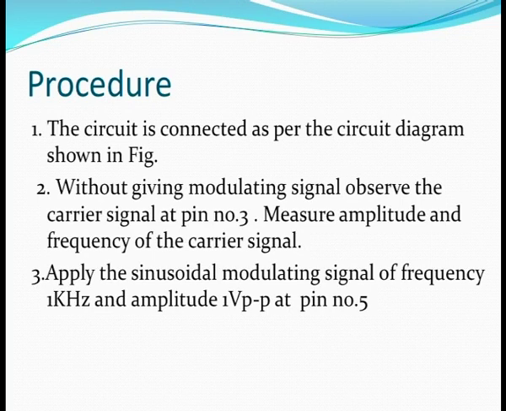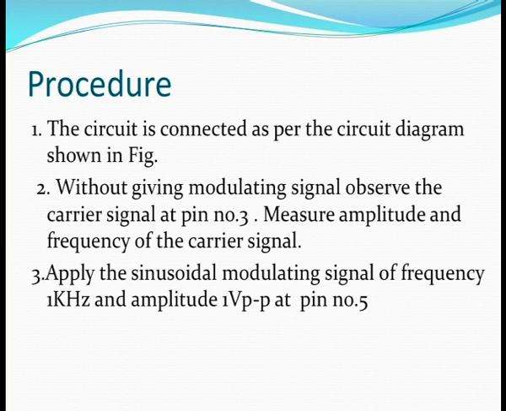After wiring up the circuit, before giving the modulating signal, we will be observing the carrier signal at pin number 3. We need to measure the amplitude and frequency of the carrier signal. From the design process, we got the carrier frequency Fc to be equal to 67.9 kilohertz.